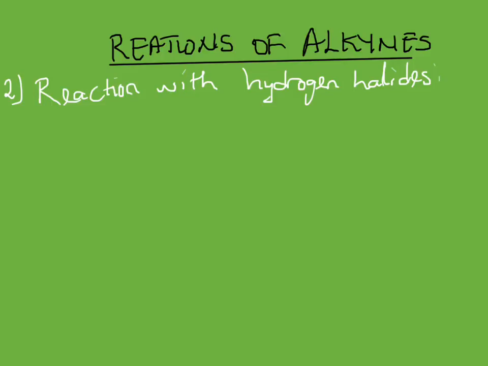Markovnikov's rule states that in the addition of hydrogen halides to a carbon-to-carbon double bond or a carbon-to-carbon triple bond, in an unsymmetric alkene or alkyne, the hydrogen atom attaches itself to the carbon atom linked with the largest number of hydrogen atoms. And this rule also applies to alkynes.